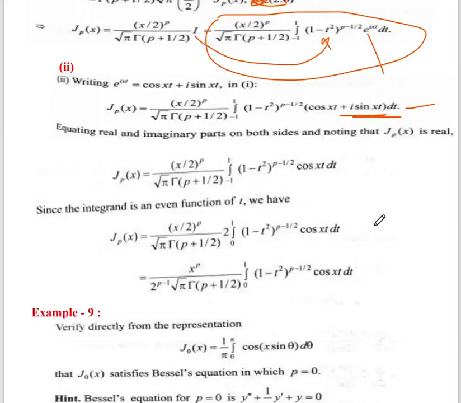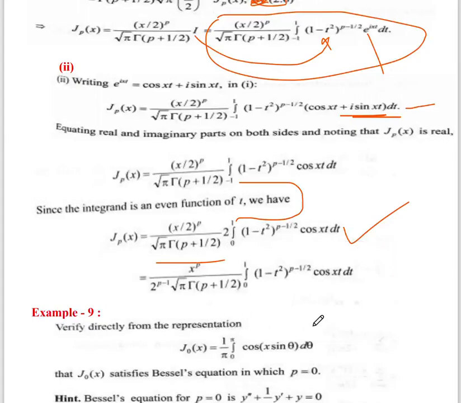Here the integral is an even function of t. Therefore jp of x equal to x upon 2 to the power p root pi, this term as it is. This can be written as 2 times the integral 0 to 1, because the function is even, so we change the integral into 2 times 0 to 1, 1 minus t square to the power p minus 1 by 2, cos xt.